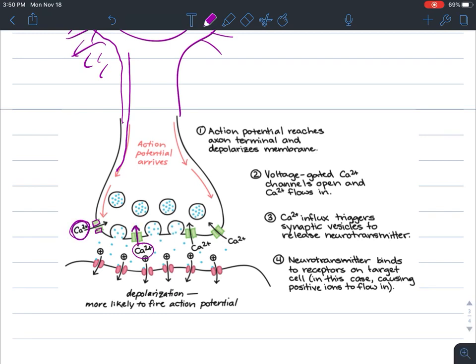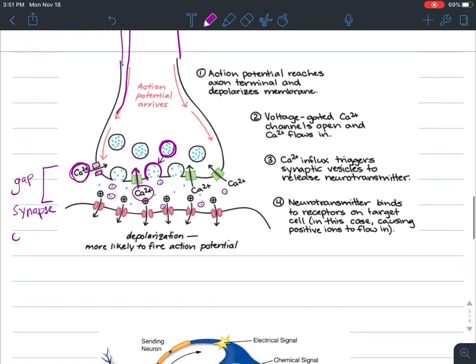These all enter, which then cause these vesicles of neurotransmitters to say, hey, let's get out of here. They go and they bind to the cell membrane, they open up, and then all these little blue things here are the neurotransmitters. Those travel across this gap. Remember, the gap is called a synapse or a synaptic cleft.